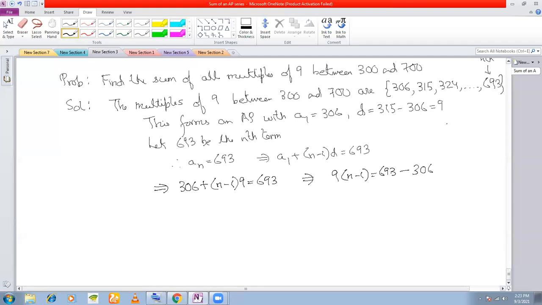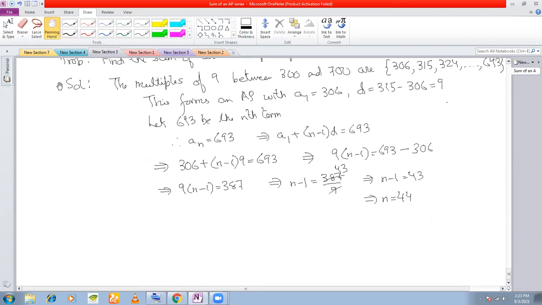Okay, so this will come to 387. That means n minus 1 is equal to 387 divided by 9. This will cancel to 43 times. That means n is equal to 44, right?